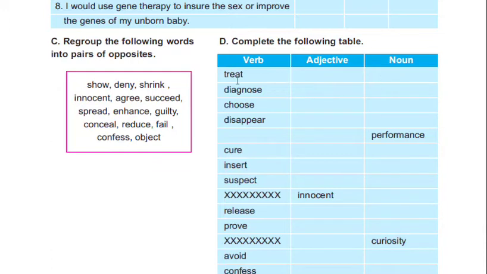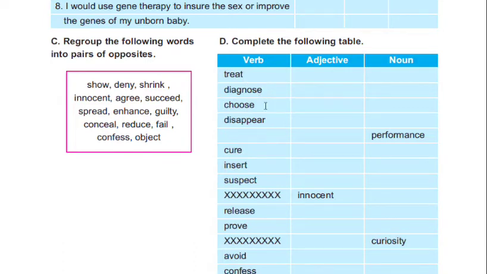Diagnose is the verb. Diagnosed, ed, is the adjective. And diagnosis, sis, is the noun. When you go to a doctor, he asks you questions to know what your disease is, and that's what we call a diagnosis, sis in the end.